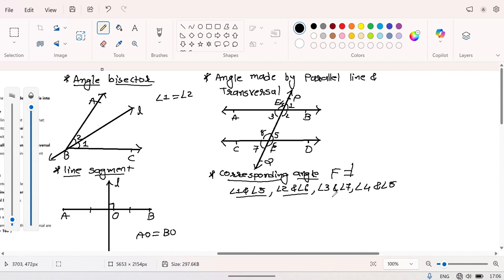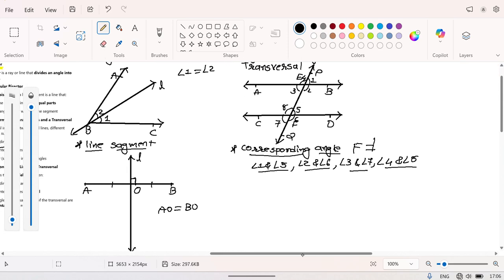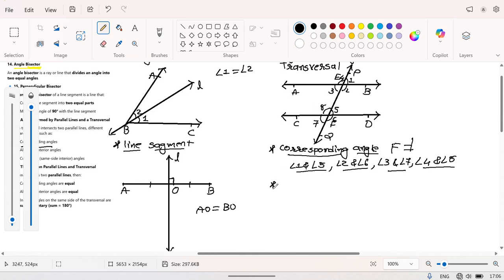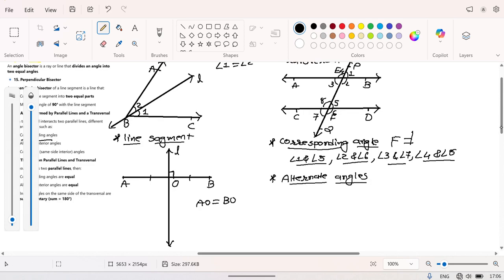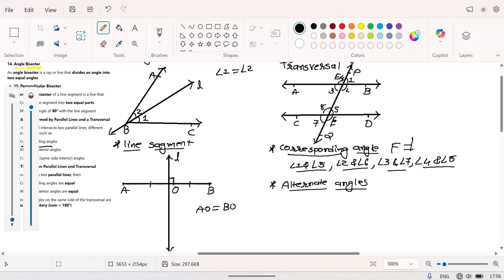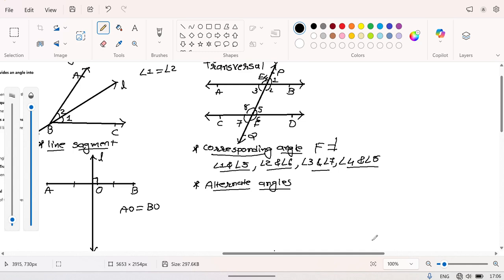All are pairs of corresponding angles. Pairs of corresponding angles are always equal. It means angle 1 equals angle 5, and it is true for all pairs of corresponding angles.